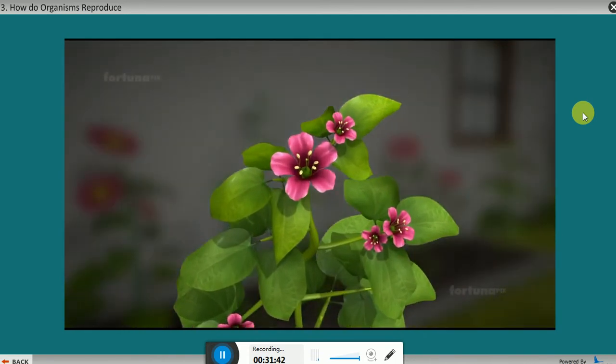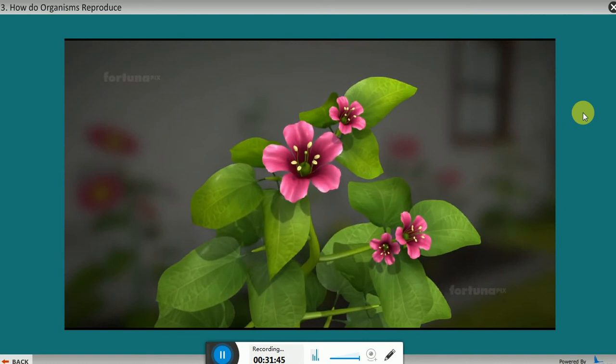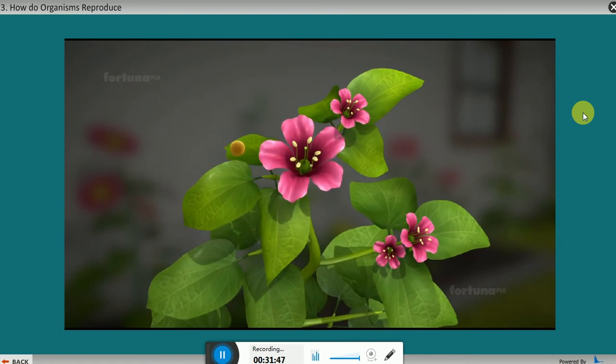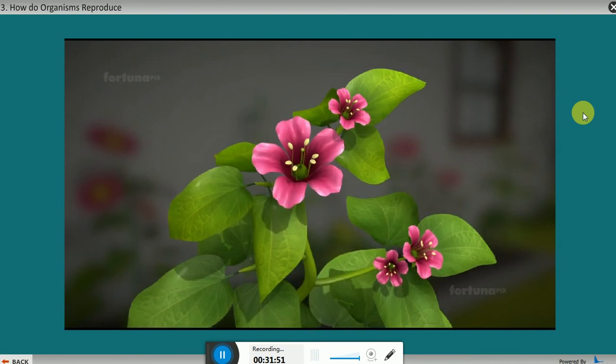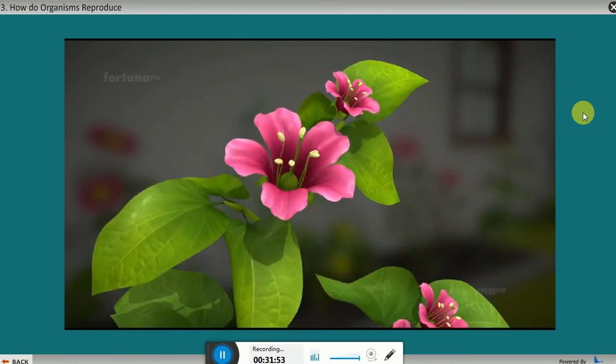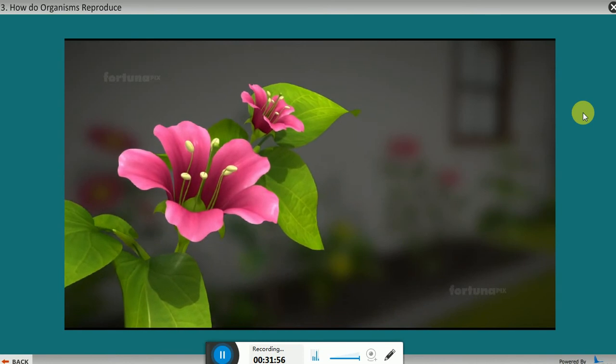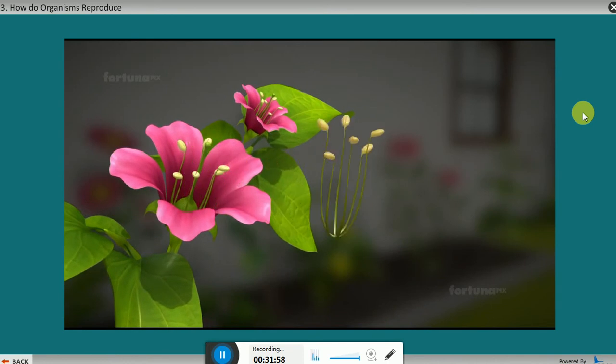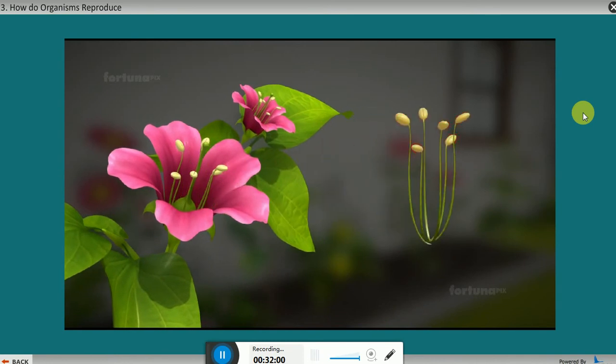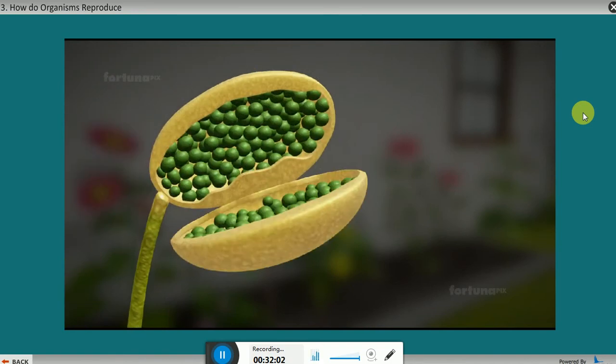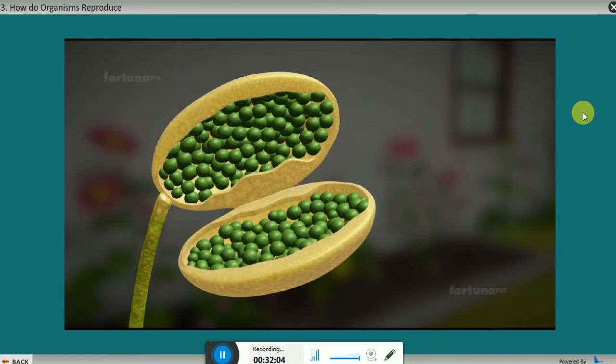Sexual reproduction is common among higher organisms and involves male and female sex cells known as gametes. The most common example of sexual reproduction is found in flowering plants. The male reproductive part is the stamen, which produces male gametes called pollen inside the anther.